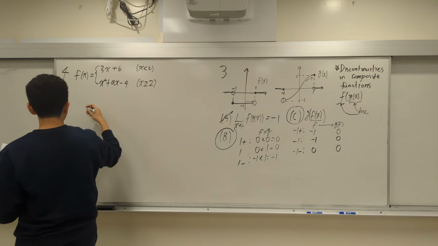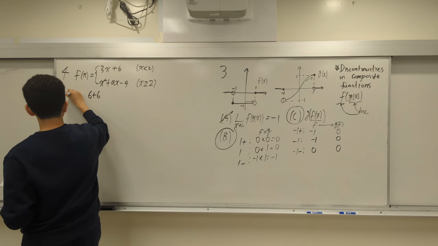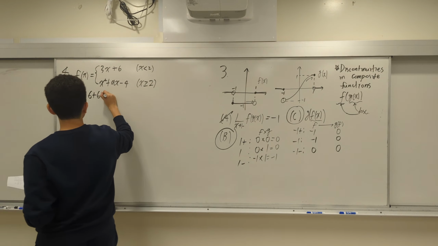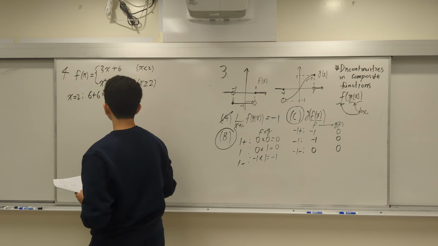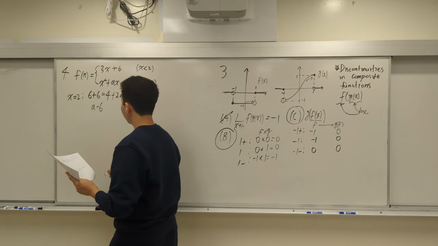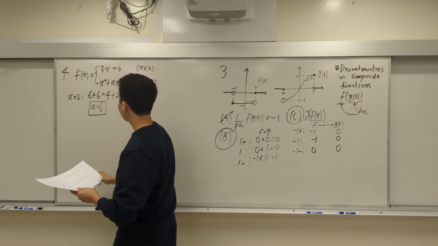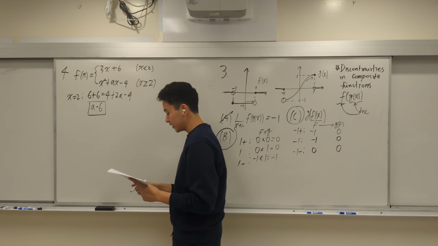So we can plug in x equals 2. So 6 plus 6 equals 4 plus 2a minus 4. So a equals 6. And there you go, there's your constant. So just remember, right, a continuity condition means that the limit must also exist.